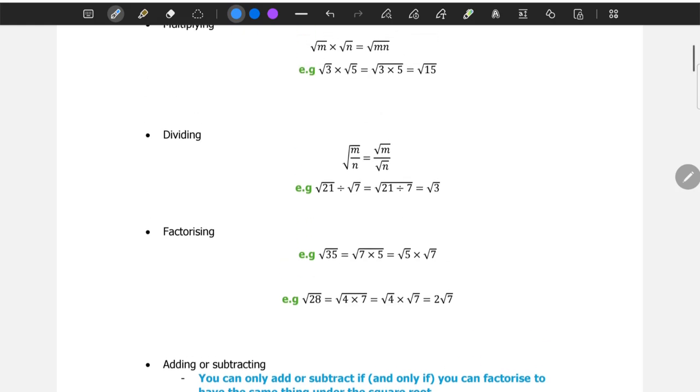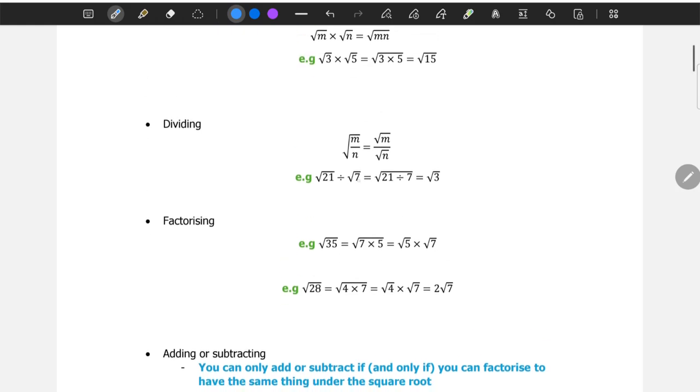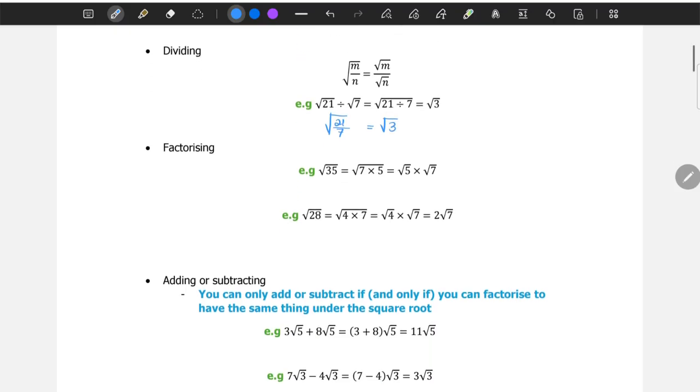For example, if we had square root of 21 divided by square root of 7, that means square root of 21 over 7. So for multiplication and division, they can both go under the same square root sign. So then that 7 into 21, that's 3. So that's how we get square root of 3.